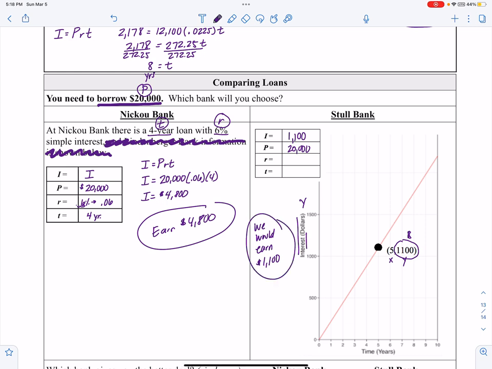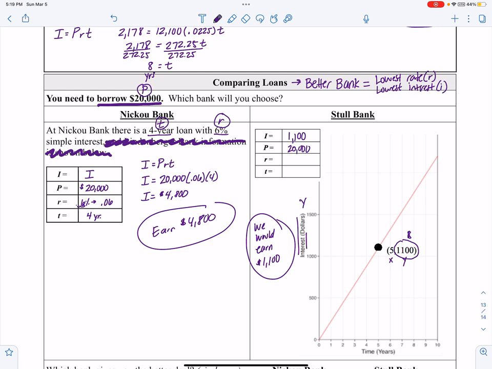So I don't really care too much about the situation because when we're comparing loans, what I want you to understand is the better bank is going to equal the lowest rate, okay, or R, and the lowest interest. Okay.